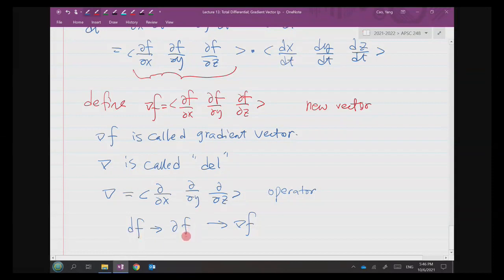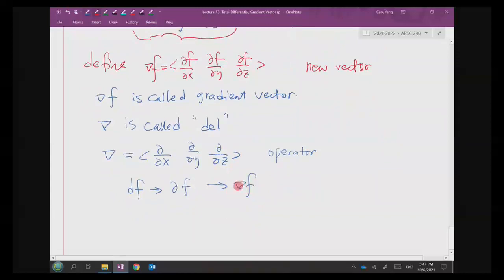Multiple variable function, you're going to use the partial. And if you have a multiple variable function, now you actually can create a vector, which is called the gradient vector, using this del operator. So we're going to talk about the meaning of a gradient vector shortly.